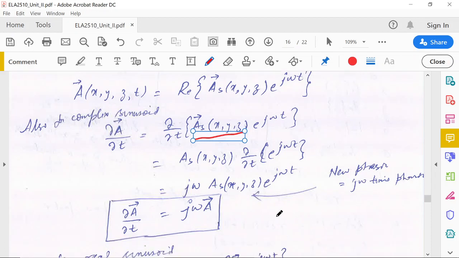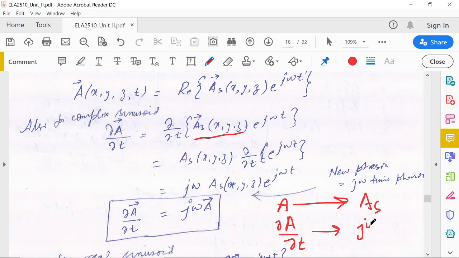That is, for example, if A has phasor form A_s, then del A over del t will have phasor form j omega A_s. This is how you can obtain it.